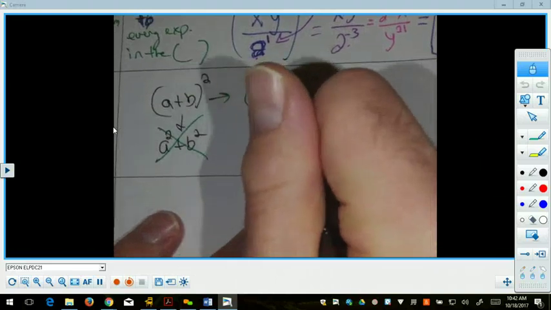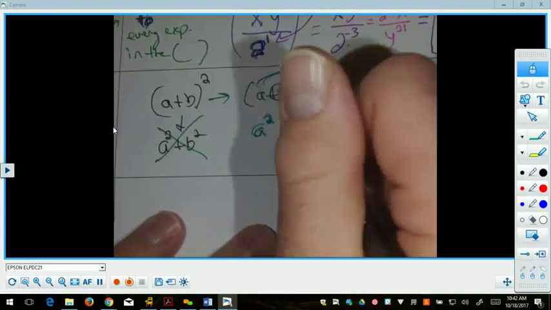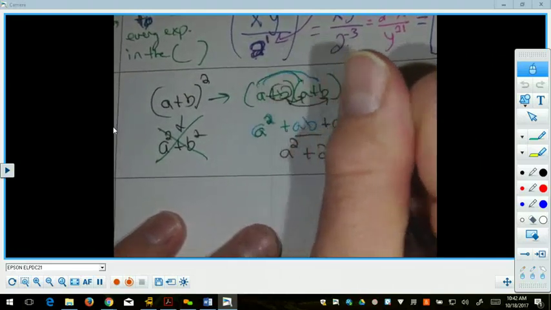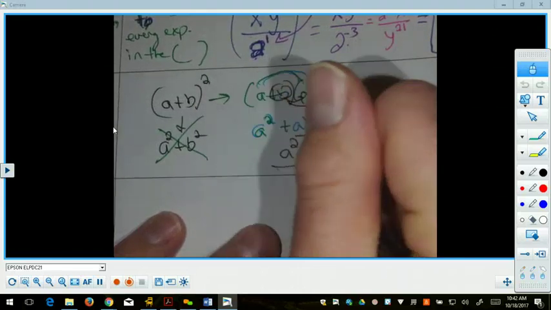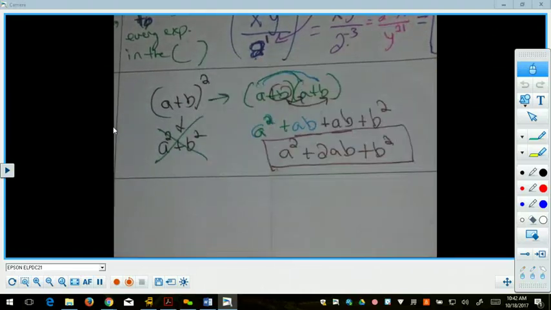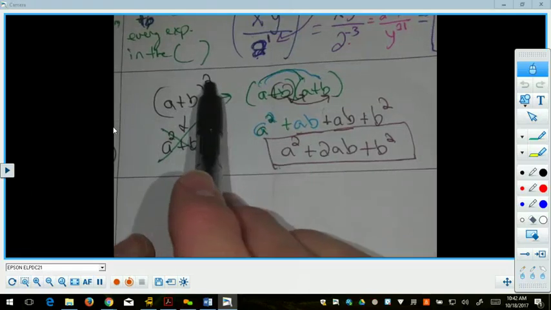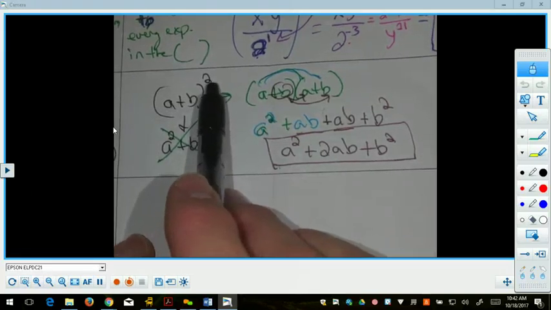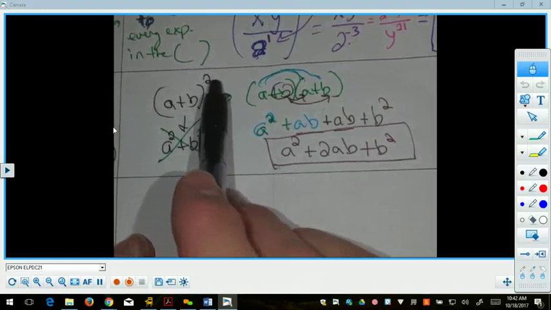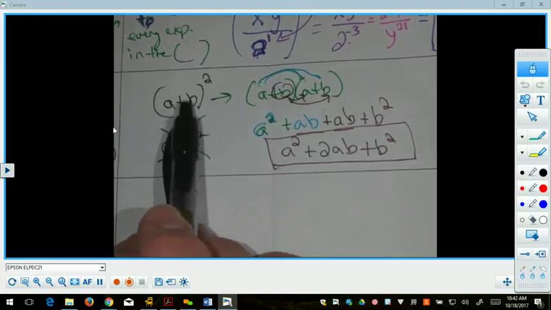So that's actually a squared. There are 2 of those, so plus 2ab plus b squared. It is not a squared plus b squared. There is a middle term. Okay? So if there's a plus sign inside and I have an exponent on top, I cannot use the power of a product rule or the power of a quotient because it's a plus sign.